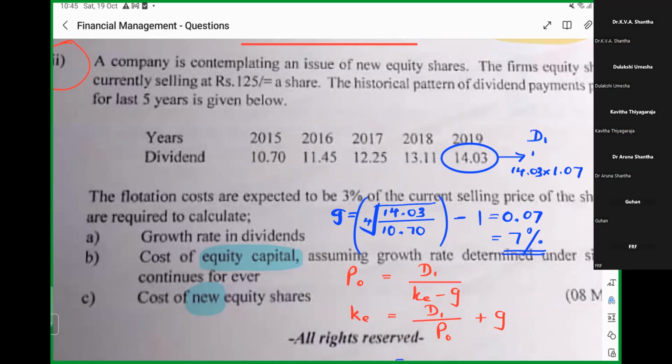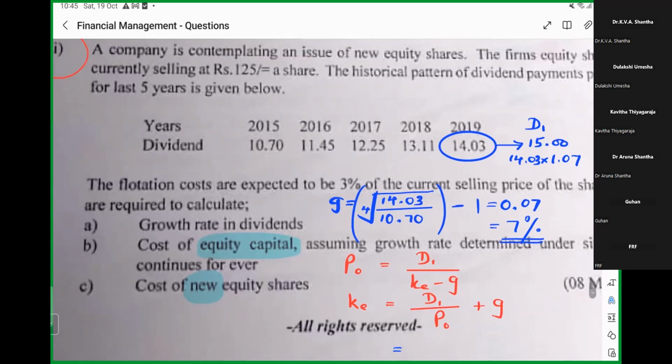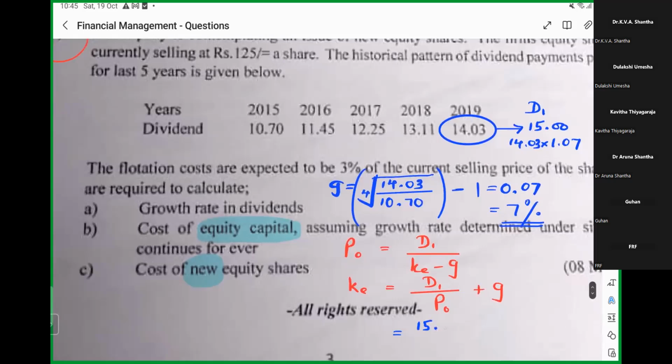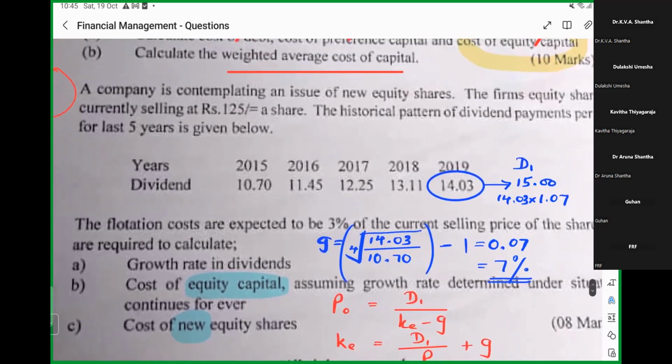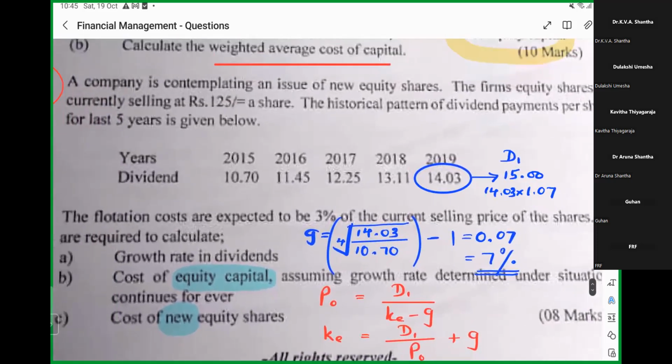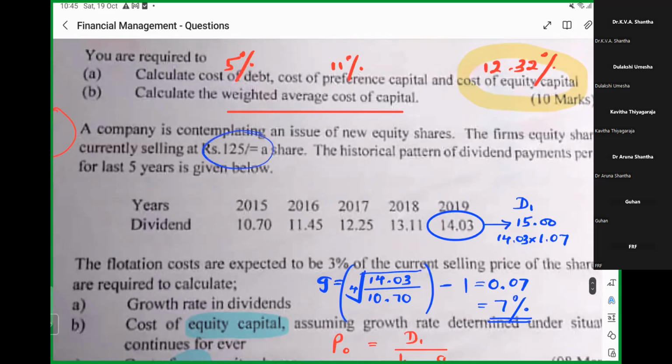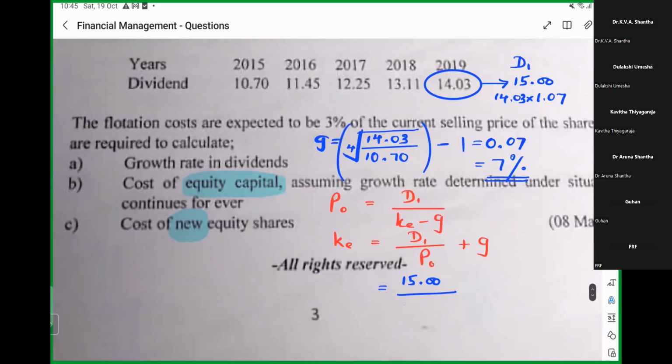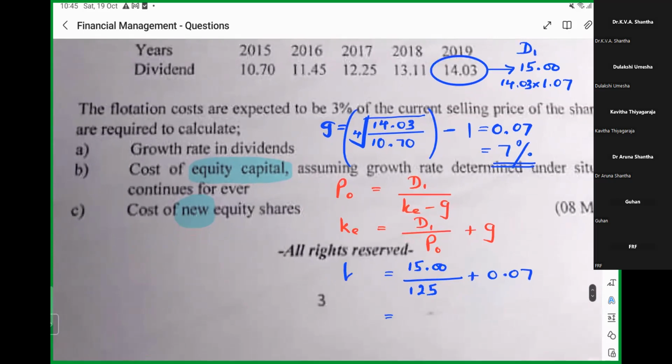So D1 is 15. Current selling price is 125, plus growth rate 7%. Then how much is K?